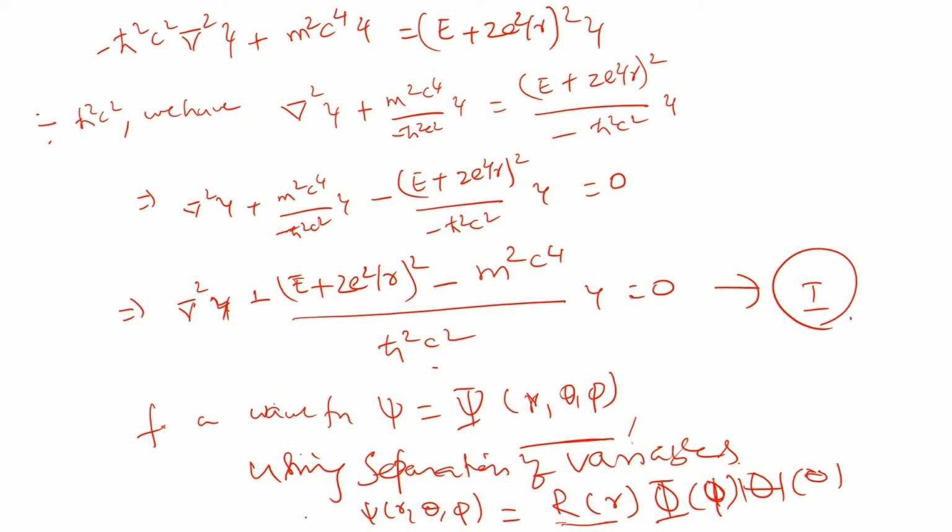So, R of r is one function with a single variable, Theta of theta is another function with a single variable, whereas Phi of phi is a third function of single variable. This technique we call separation of variables. A function with three variables can be written as three functions of single variable. This technique I have used to split the coordinates in the above equation.